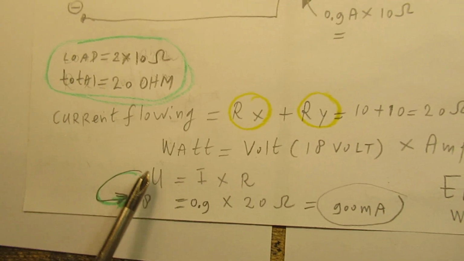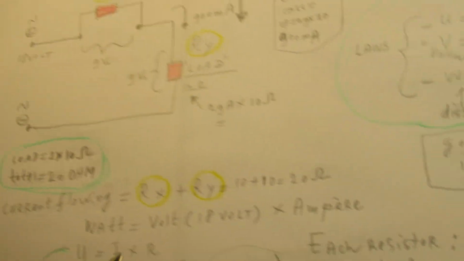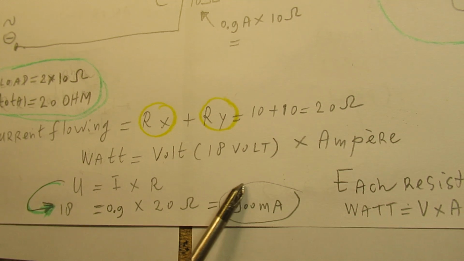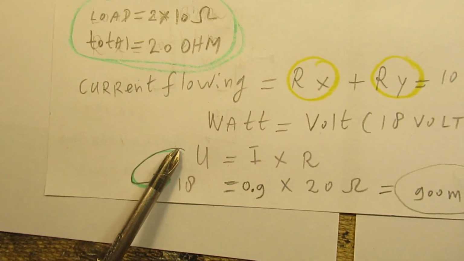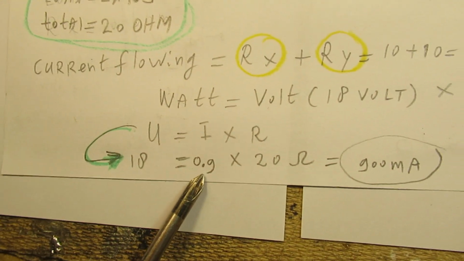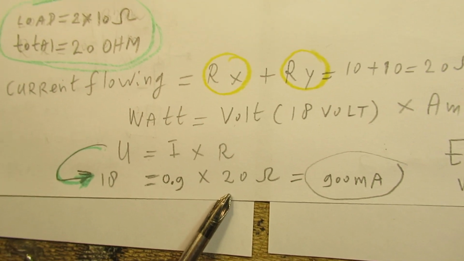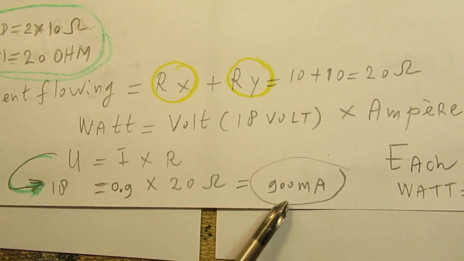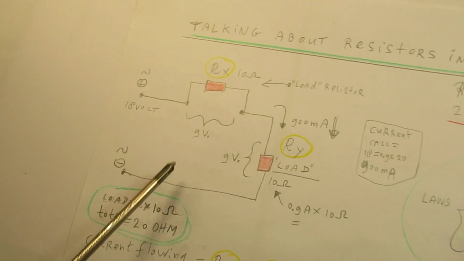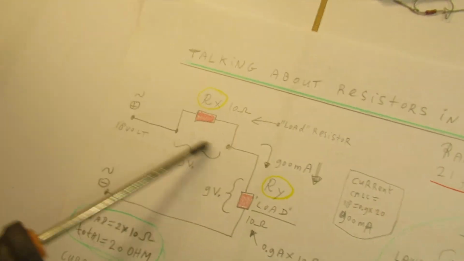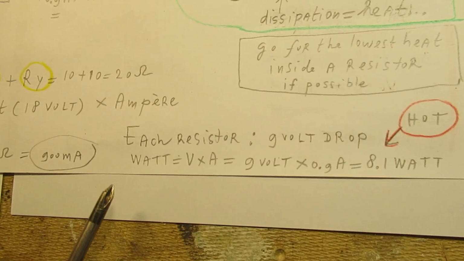The wattage dissipated by the two resistors is volt multiplied by ampere. So in general we have here 18 volts. The current is 0.9 ampere. The resistance is 20 ohms. So 900 milliampere will flow in this circuit, and because the two resistors are exactly the same, they will dissipate equally.